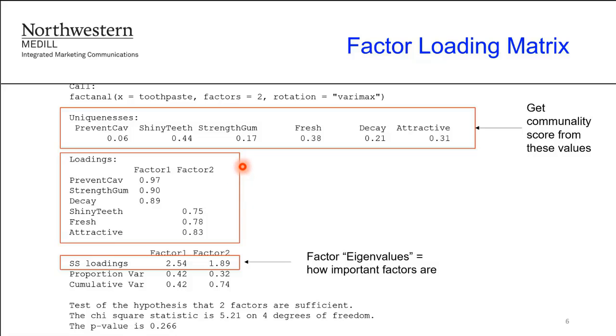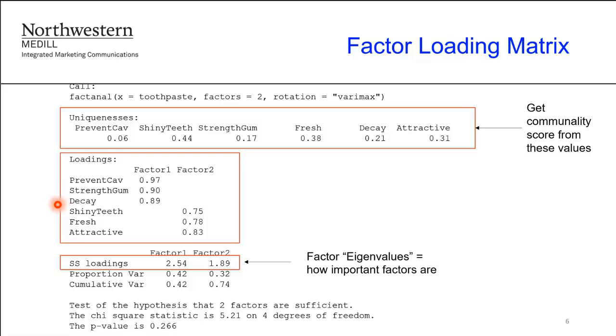This is the factor loading matrix. We want to interpret the names of the factors and which item belongs to which factor. This is the main table from the factor analysis in R. Looking quickly at this factor loading matrix, it is quite simple and clear.